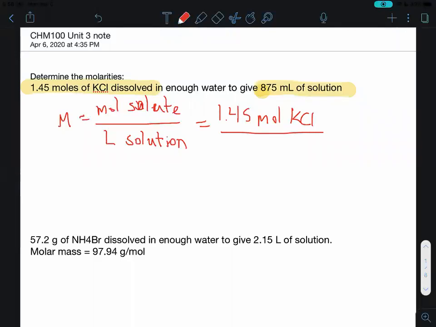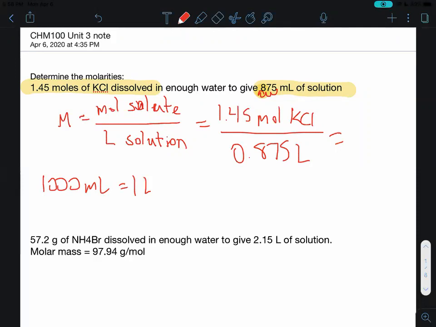We need to remember our metric system. 1,000 milliliters is equal to 1 liter. So to get from milliliters to liters, we can divide by 1,000, or we can move the decimal place over by 3. So this would be 0.875 liters of solution.